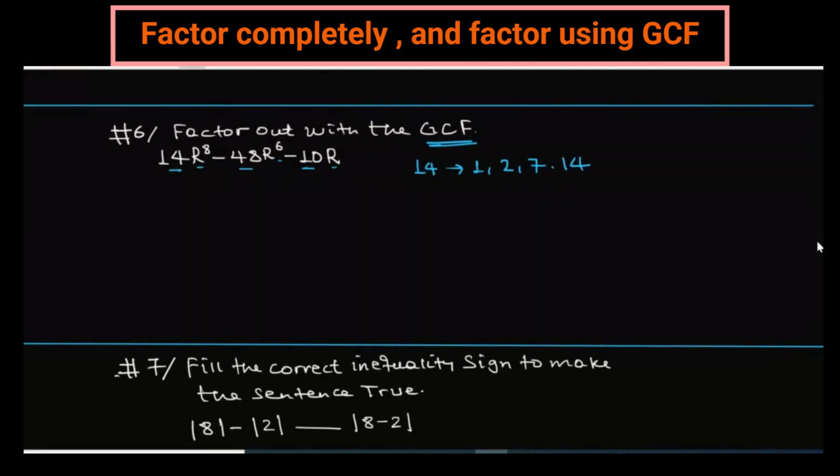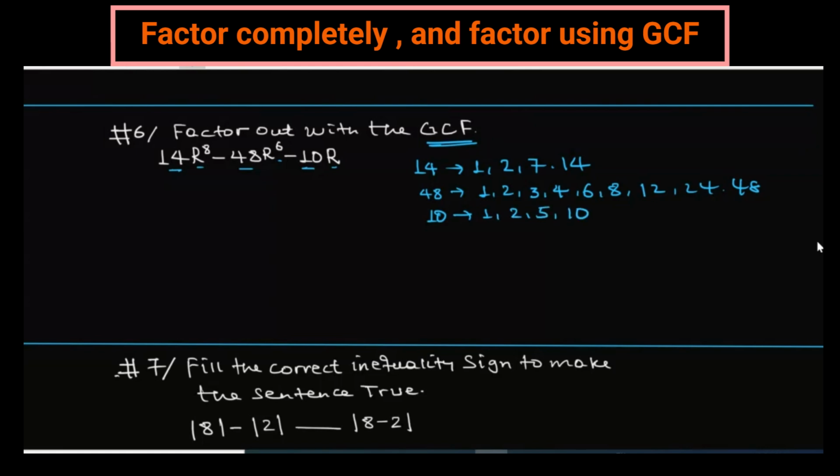And for 48, the numbers are of course 1, 2, 3, 4, 6, 8, 12, 24, and 48. For 10, I have factors 1, 2, 5, and 10.